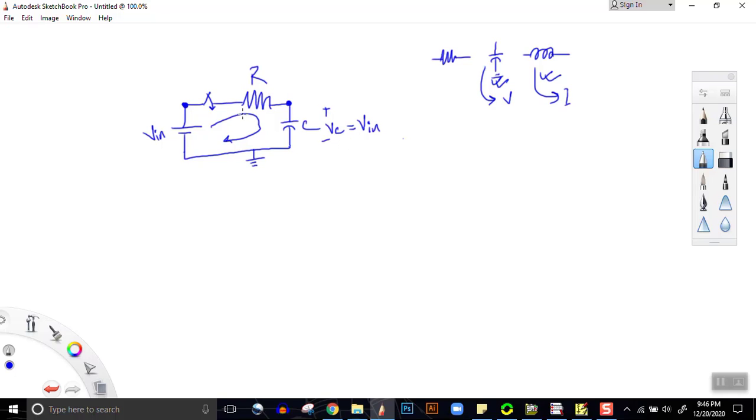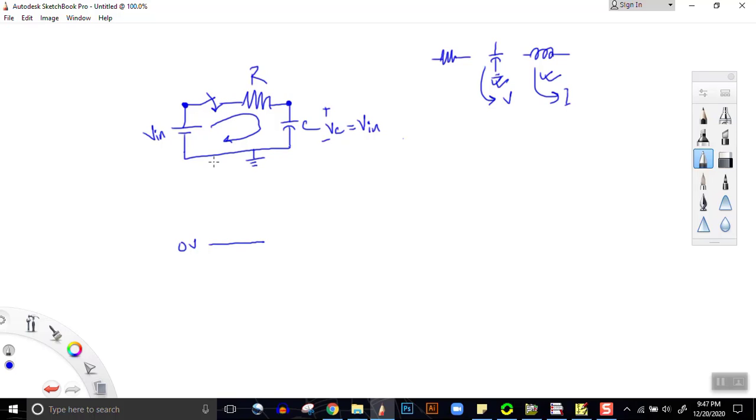What happens? Suppose at initial condition our switch was off. So our input voltage to the circuit was 0 volts. When the switch is off, there is no voltage across this R and C, and no current will flow through it. Now at a certain time t, we turn the switch on.